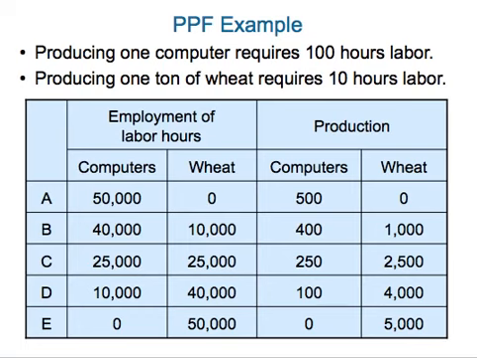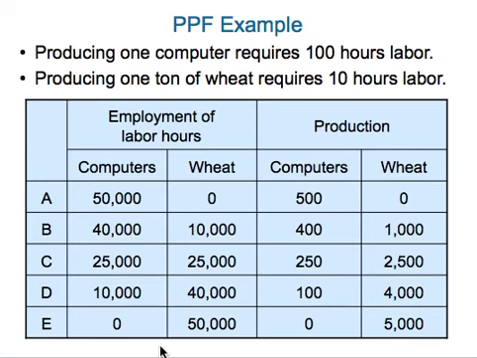Now, in the production possibilities frontier example I'm using in this video, producing one computer requires 100 hours of labor, and producing 1 ton of wheat requires 10 hours of labor. So you can divide up those 50,000 labor hours however you want to divide them up, and produce some combination of computers and wheat listed here from A to E. If you went all in with your labor hours for computers, and none for wheat, your production would be 500 computers and 0 tons of wheat.